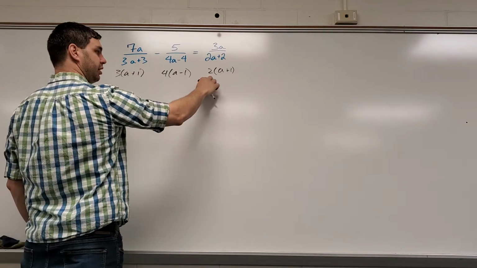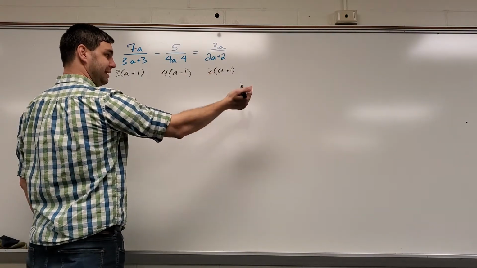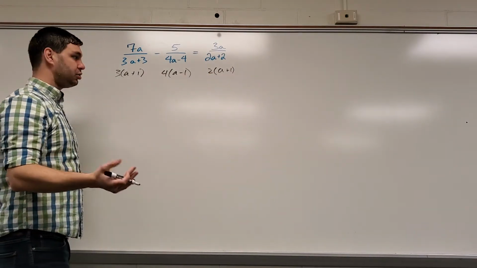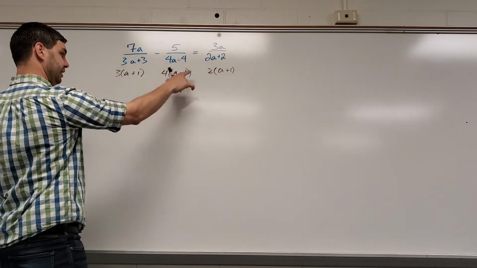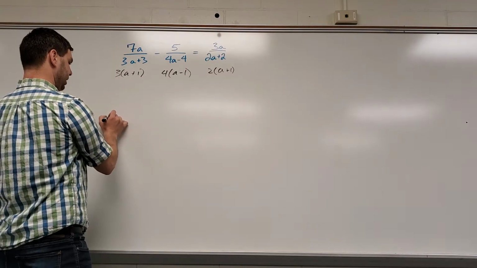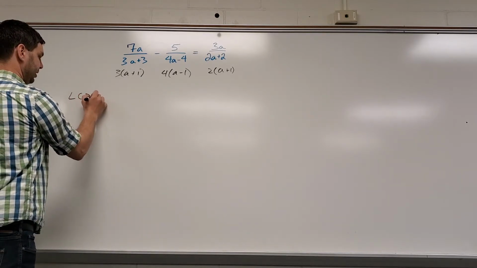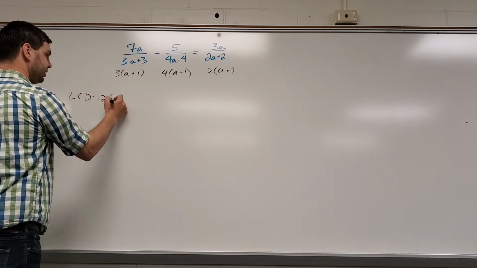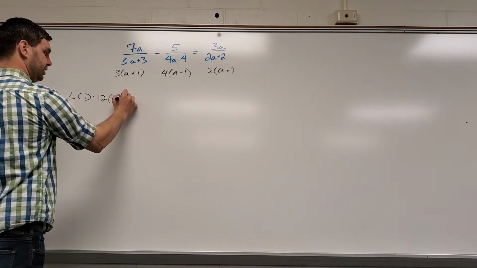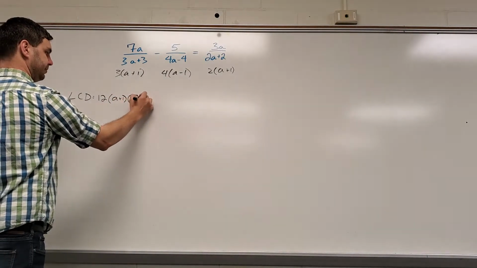Okay, we can also say that we can do 2 times 6 to get to that 12. So it's actually 12 that's going to be the number in front as our common denominator. So I'm going to maybe put over here L, least common denominator is going to be 12, and then we need one of the a plus 1s and one of the a minus 1s.